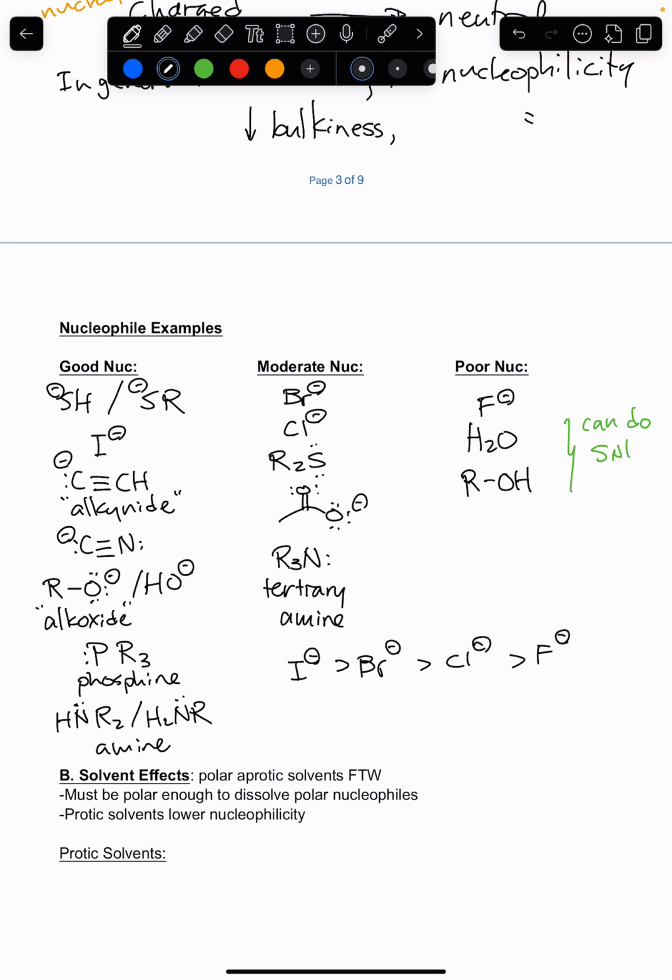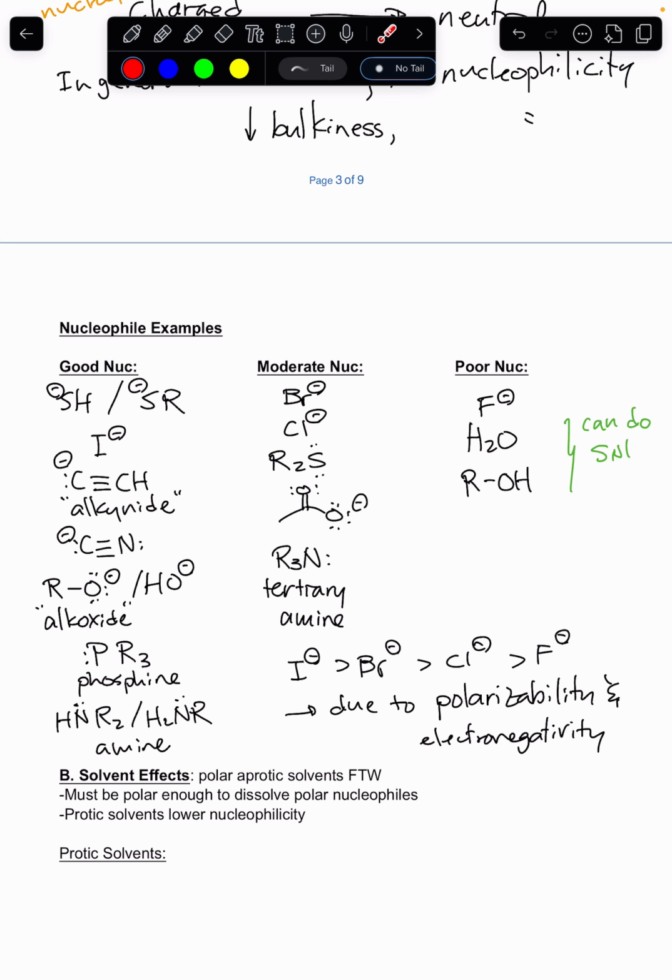And this has to do with polarizability and electronegativity. Hope that makes sense. The bigger atoms or ions are more polarizable. And fluorine and chlorine are very electronegative, so they don't want to share the electrons anyway, which reduces their nucleophilicity.